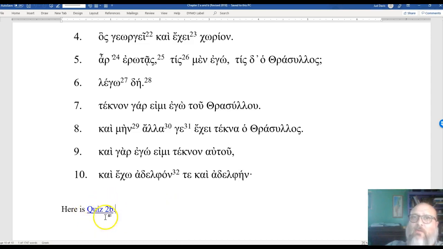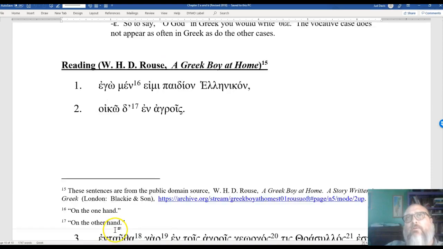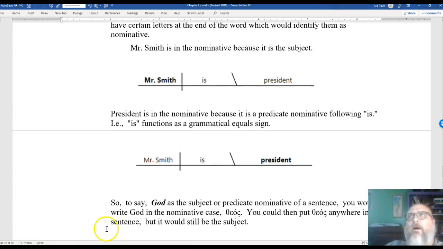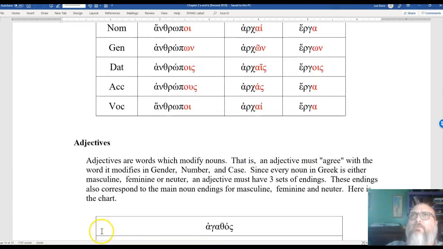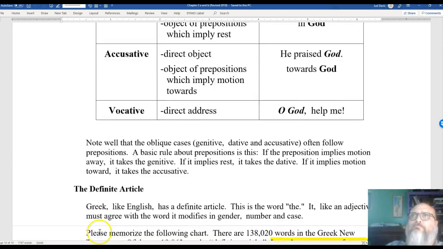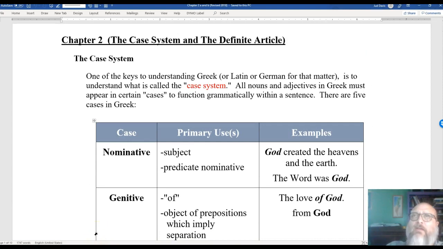Okay, so that's what we're going to do. Quiz 2 is there in the link. Again, I encourage you to get in study groups. You know, I know this is a little overwhelming, but the more often you do it, the easier it's going to be.